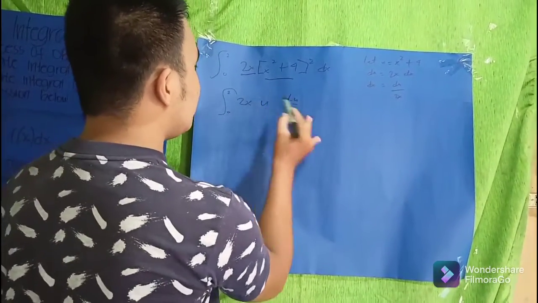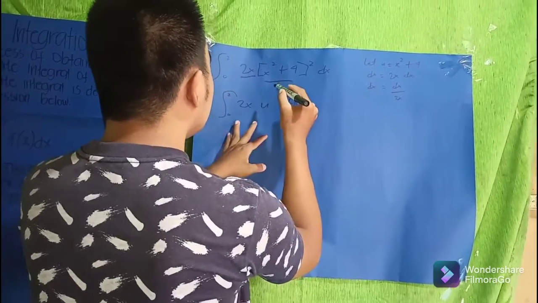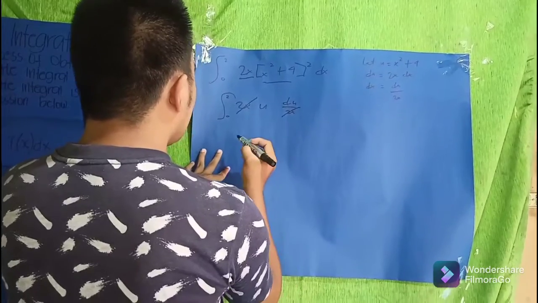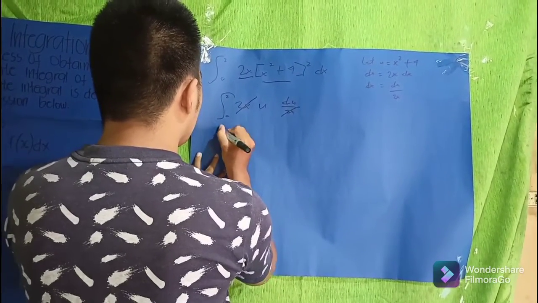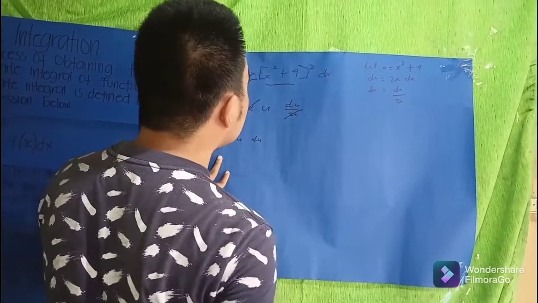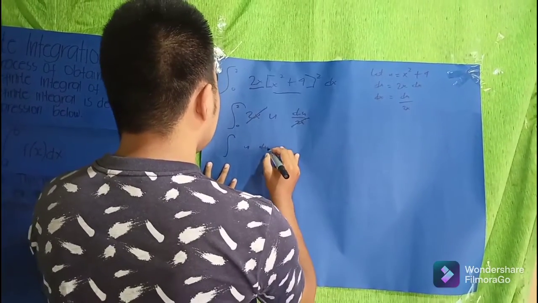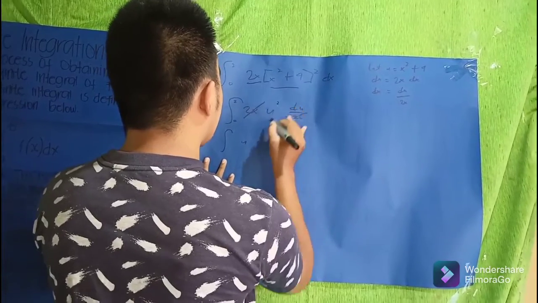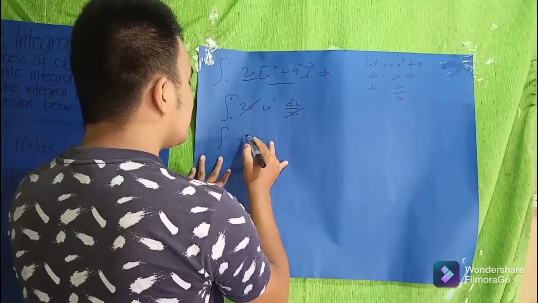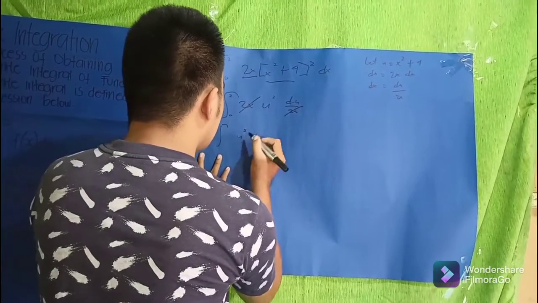Now that we have 2x here and 2x here, we are going to cancel it out. So the remaining will be u du. I forgot the second power here, and we will copy that here.